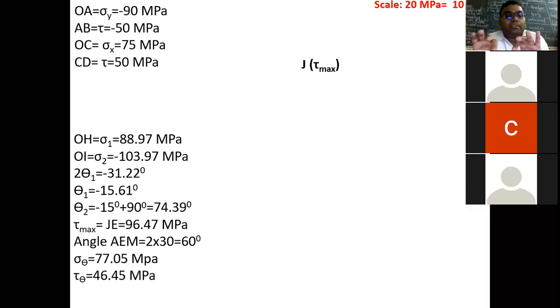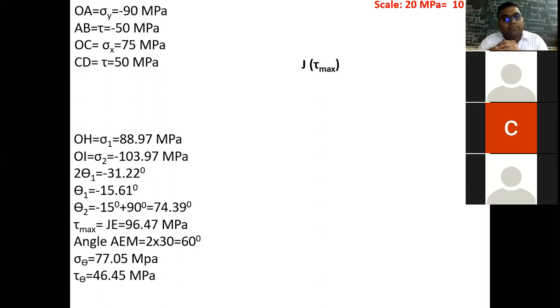In the analytical method, dear students, you have to remember all the respective formulas, but in the Mohr circle method you don't need to remember any formula, only the procedure to draw the Mohr circle.